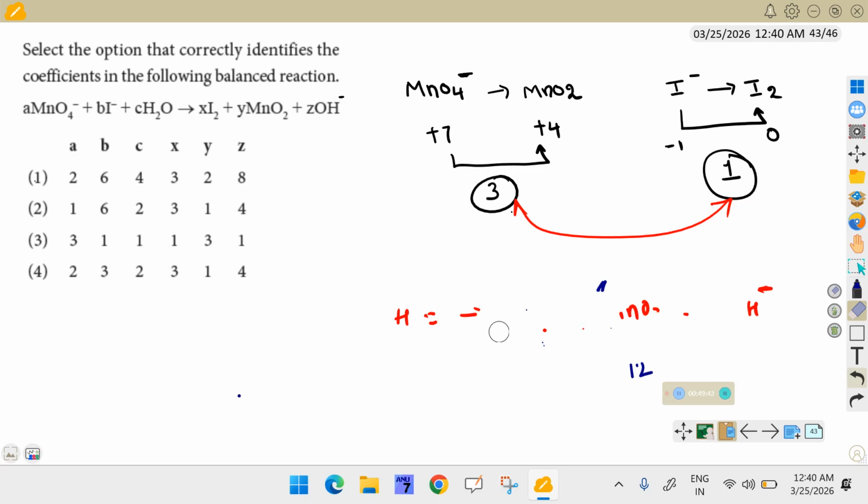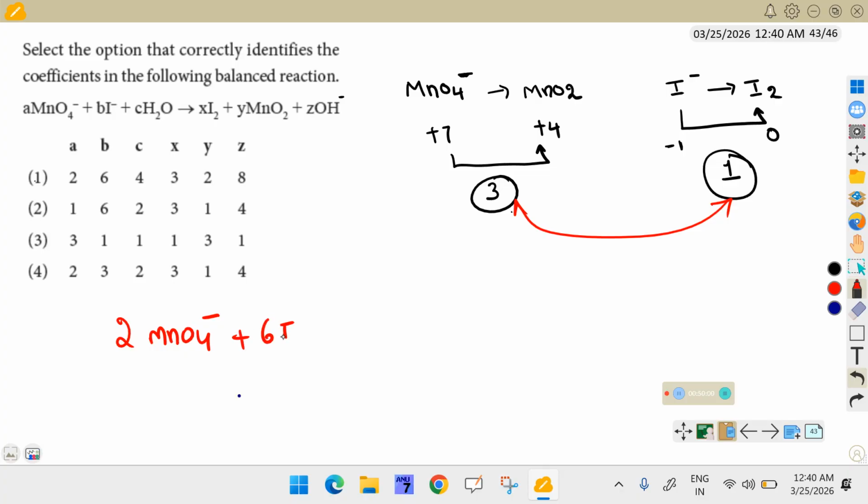No. Do one thing: trial and error method. Don't calculate the n factor. Directly do the trial and error method. For the first option, substitute the A value: 2 moles of MnO4 minus plus 6 moles of I minus plus 4 moles of H2O gives rise to 3 I2 plus 2 MnO2 plus 8 OH minus.